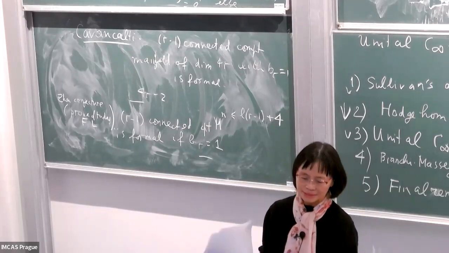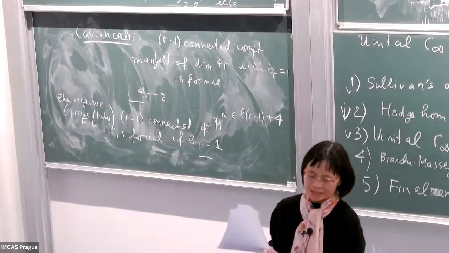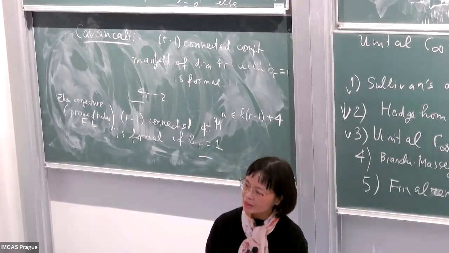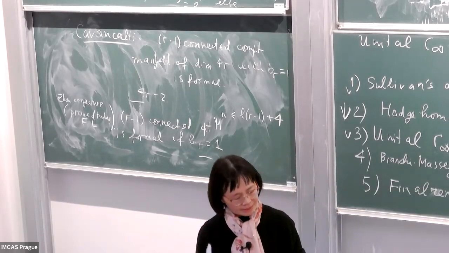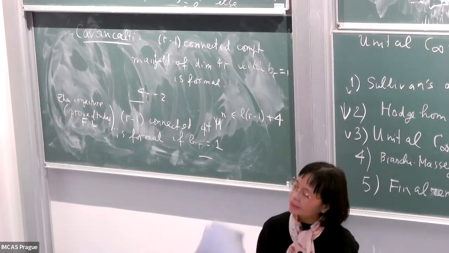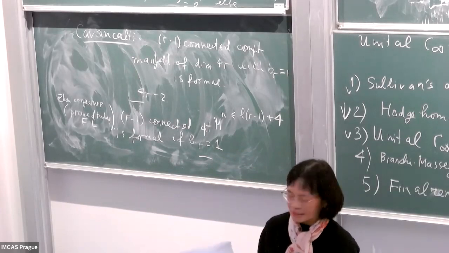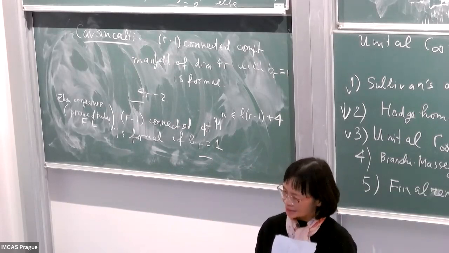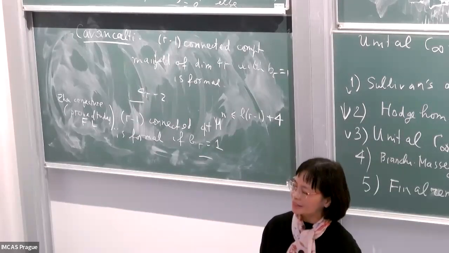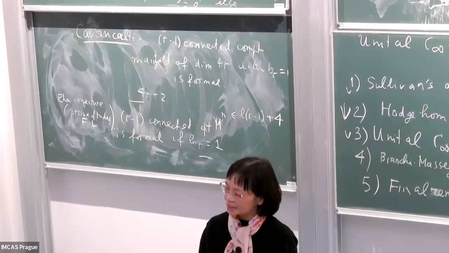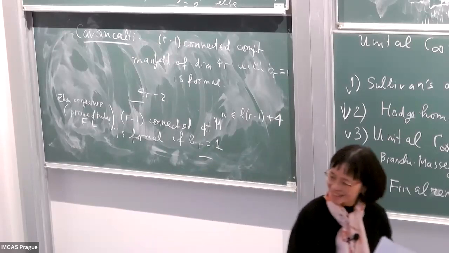I also had some conversations with some people who are trying to prove formality of conformal symplectic manifolds of Weissman type. That means if you put some geometric condition on the manifold, then you may have formality, or some restriction on the C infinity algebra, that is, the homotopy type. Yeah. So I finish.